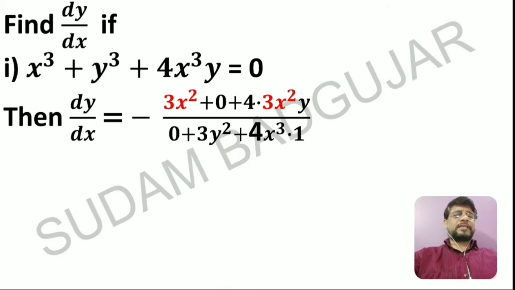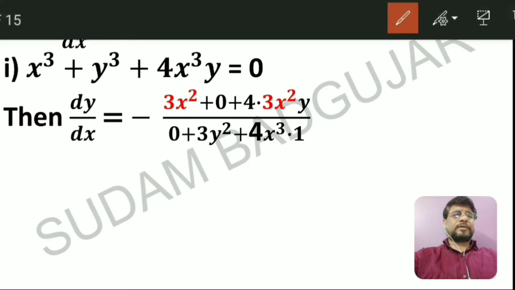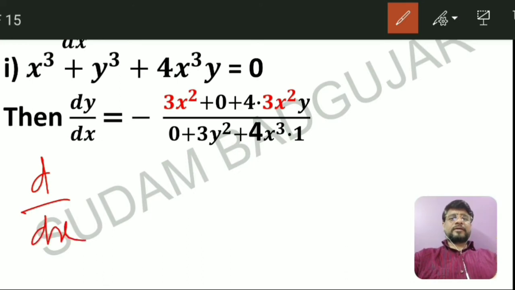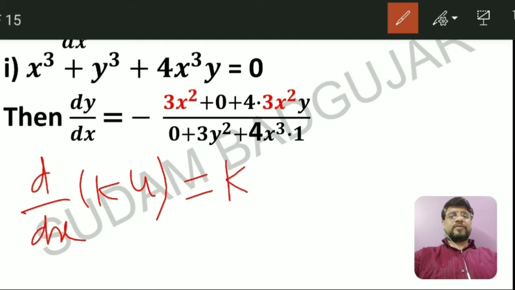Let me show you again. We have the derivative of k times u, where u is a differentiable function of x and k is a constant. This is k, written outside, into the derivative of u.